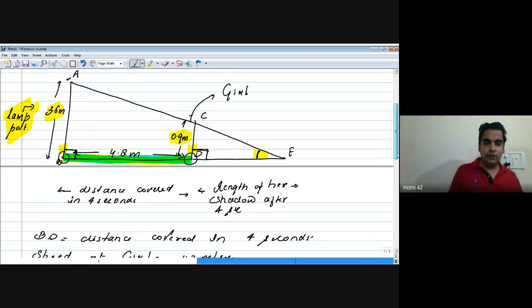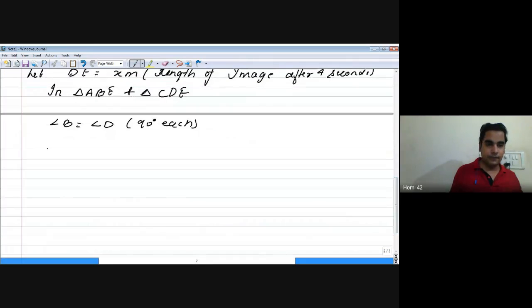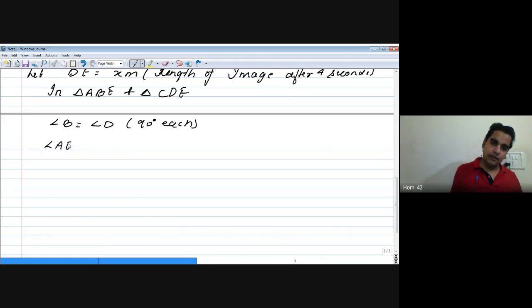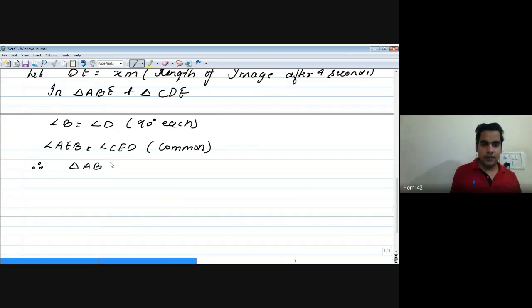So we have angle AEB is equal to angle CED, common, and since two angles are equal, we can say triangle ABE is similar to triangle CDE by AA similarity rule, right?